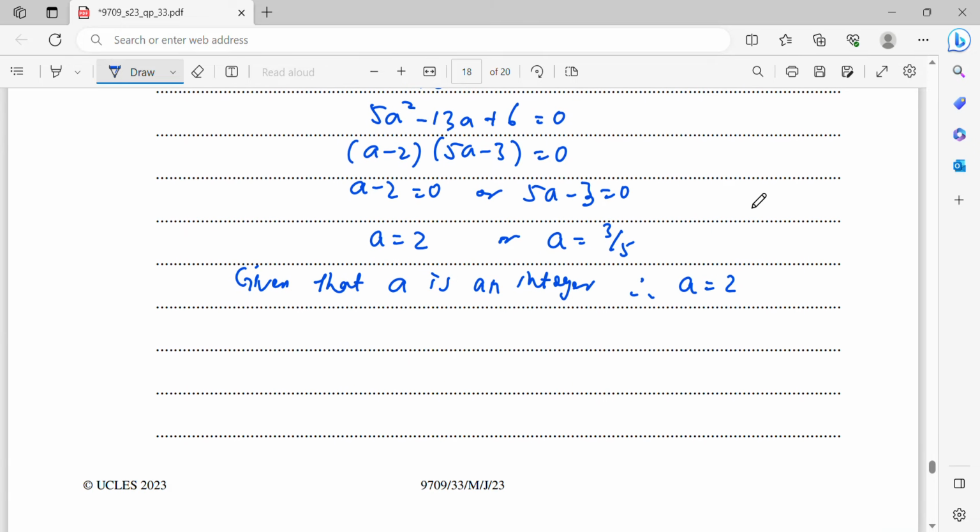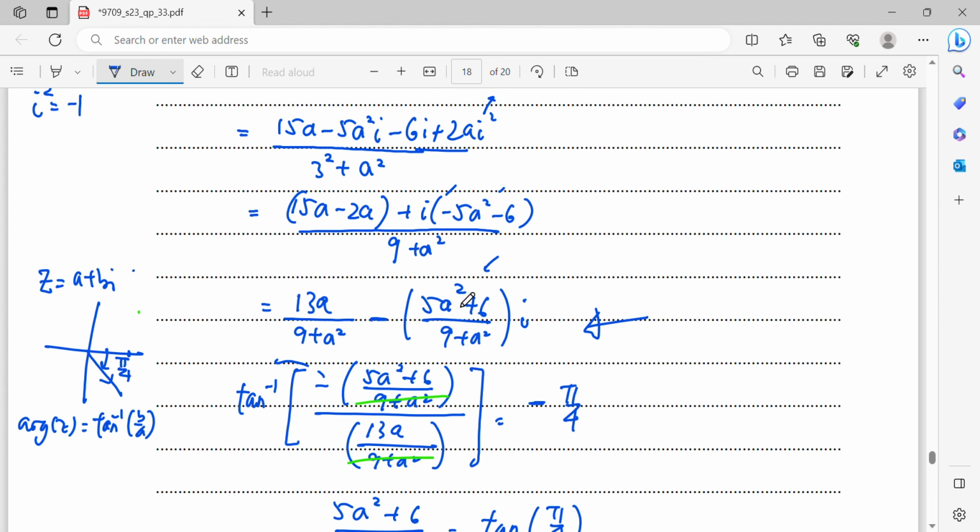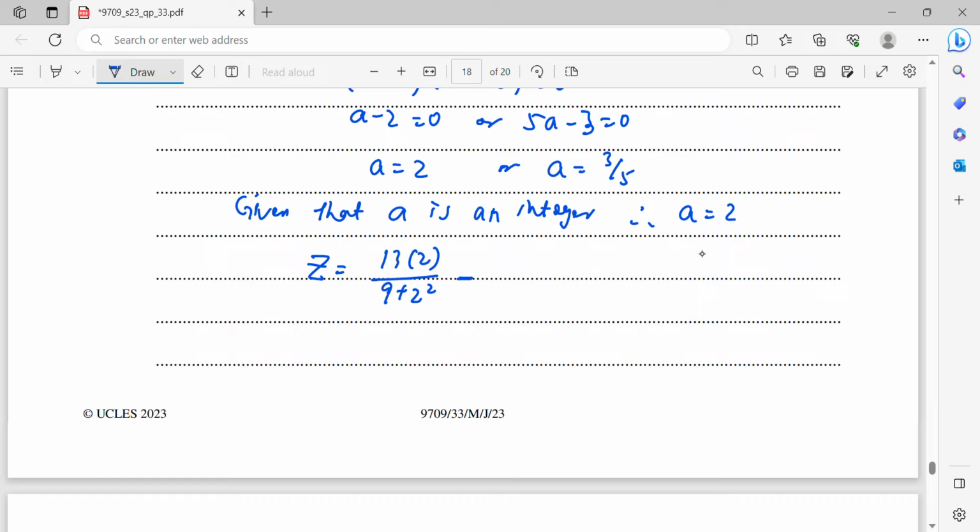So your complex number will be 13a, now your a is 2, so 13 times 2 over 9 plus 2 squared, minus 5a squared plus 6 over 9 plus a squared i. So then you will get 26 over 13 minus 26 over 13 i. At last, it will be 2 minus 2i. So that is your complex number.